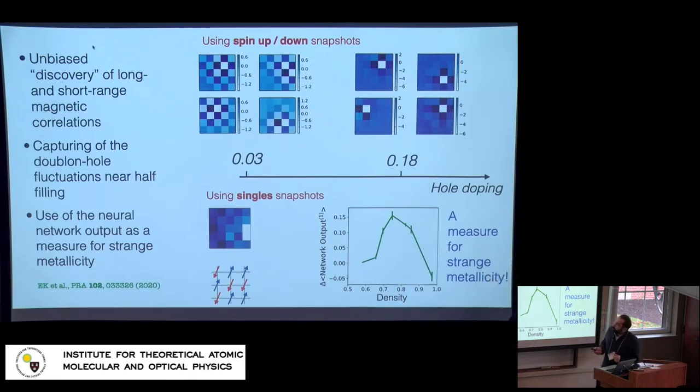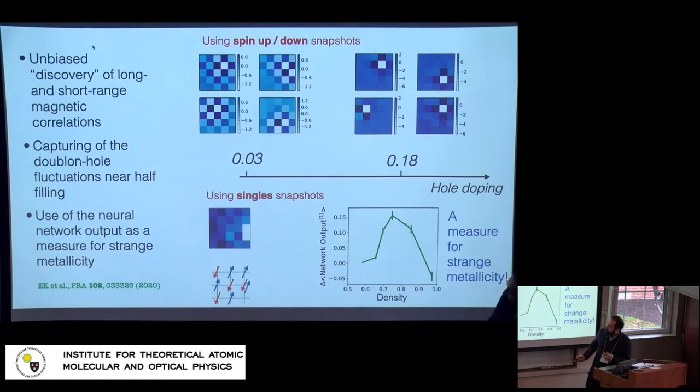So you can do the same thing with snapshots of local moments. And here, near half filling, we were able to recover these types of doublon-hole fluctuations in our filters, and they showed up as two white pixels, which we know is going to be the case with these snapshots that don't have double occupancies in them.